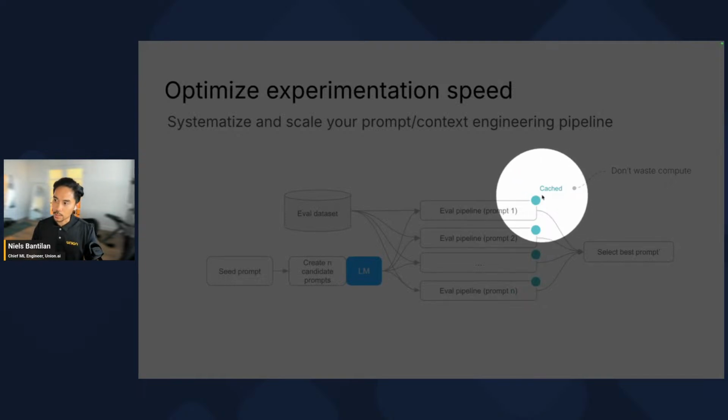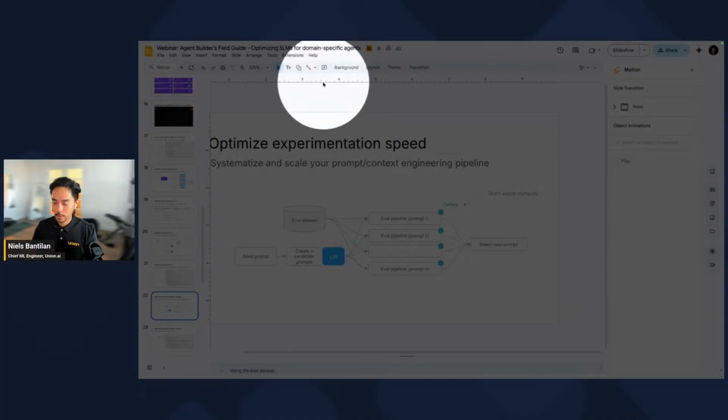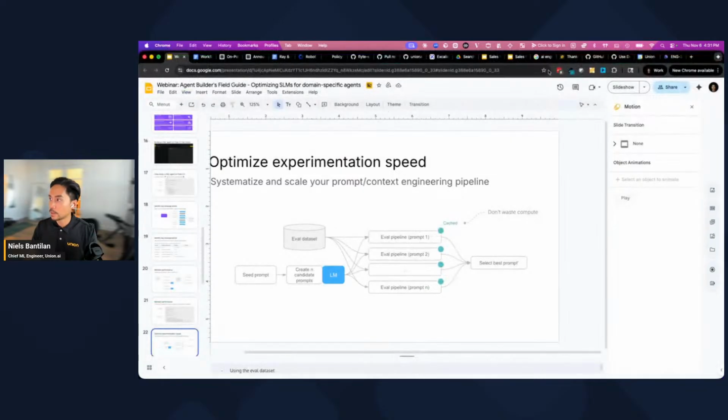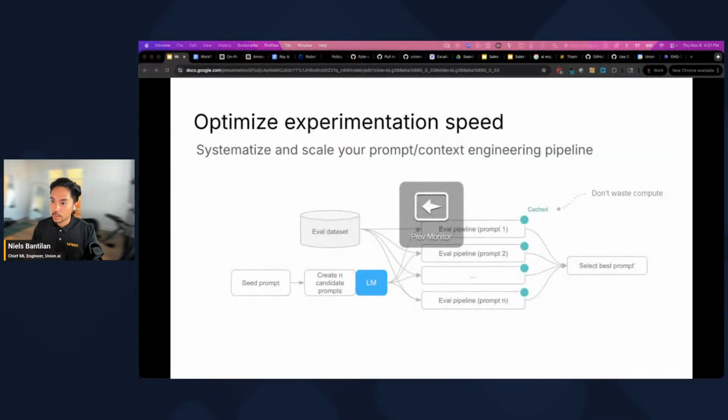It means that if I run this pipeline and I'm testing hundreds or thousands of prompts, and my pipeline fails for whatever reason, maybe you're using spot instances or you have some kind of system level error, you don't lose your work and you're not wasting tokens and compute on prompts that you've already completed the evaluation for.